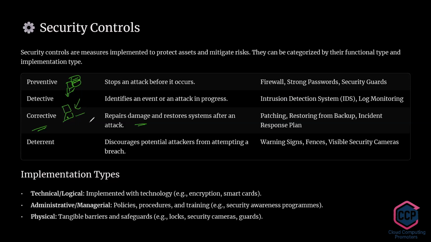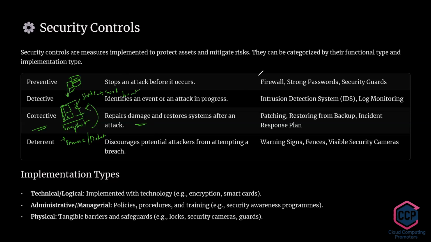It will also have a snapshot of the previous version, or it will remove or delete the file from the host. Corrective means it will correct, or go back to the stage which was good and healthy.